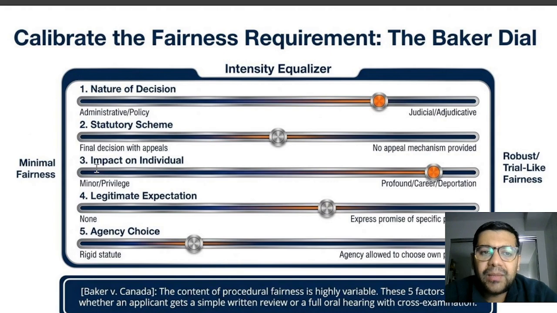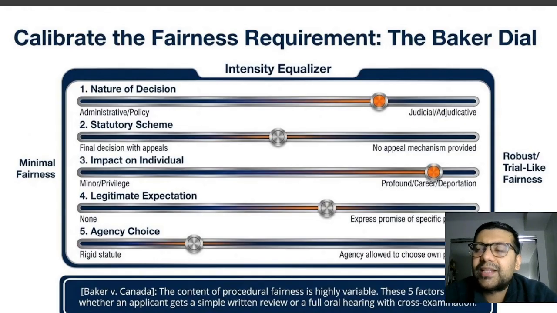Again, impact on the individual. If the impact on an individual is about their livelihood, a salary, a job, then you should be really serious about it, isn't it?